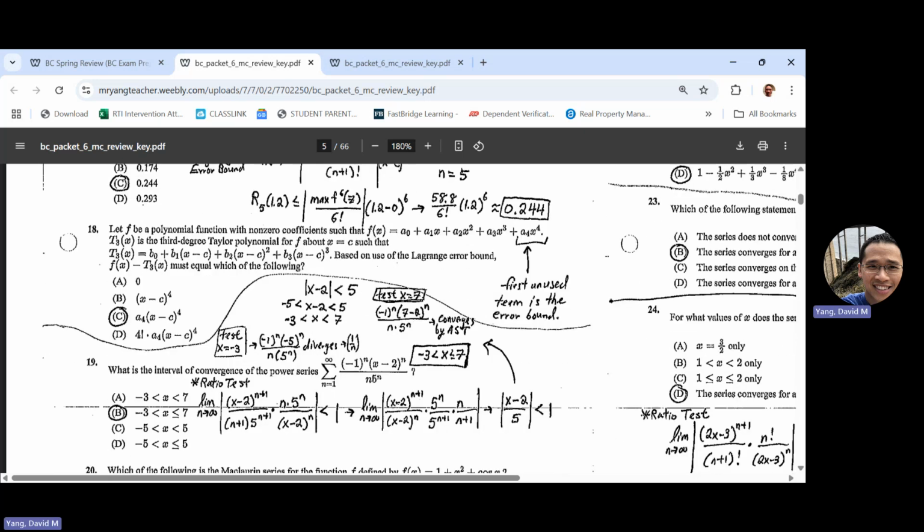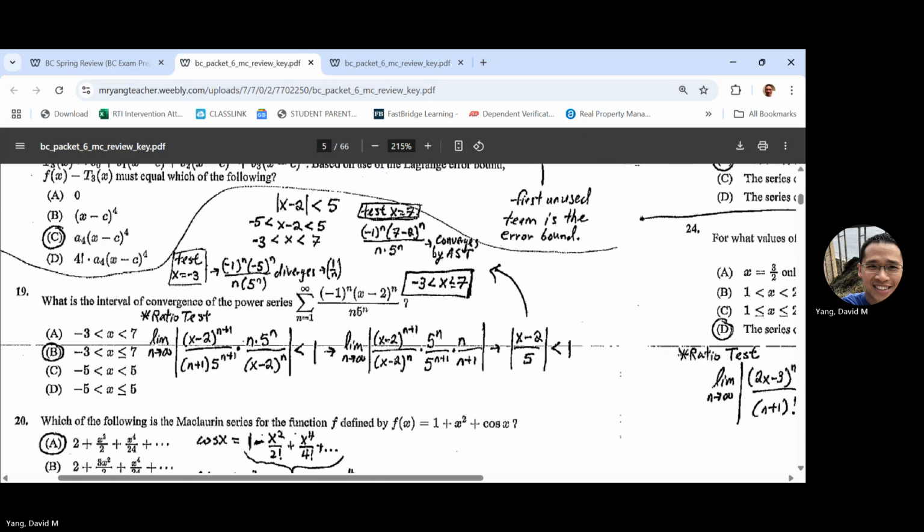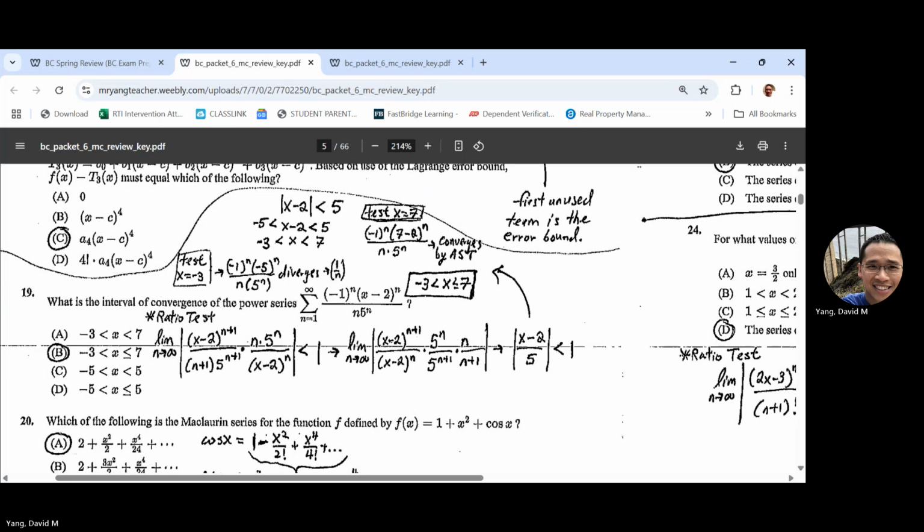19, interval of convergence. So go through ratio test. Let's start with ratio test a sub n plus 1 divided by a sub n.